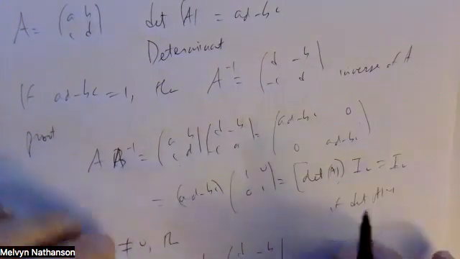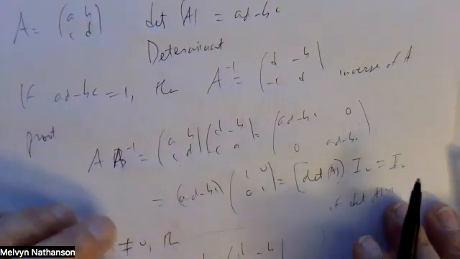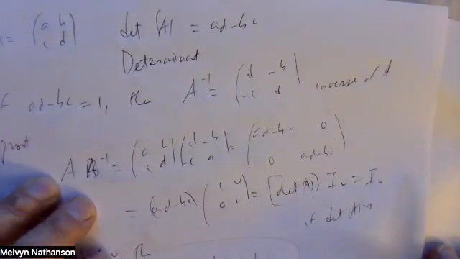So this gives you a formula for the inverse of a 2 by 2 matrix. In general, to find the inverse of a matrix is hard.